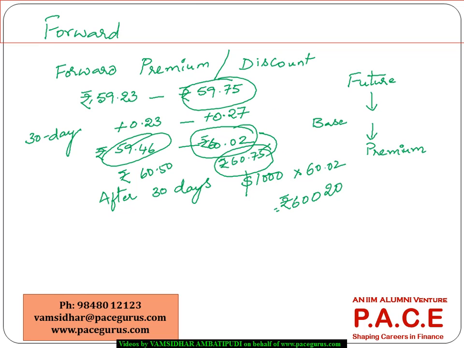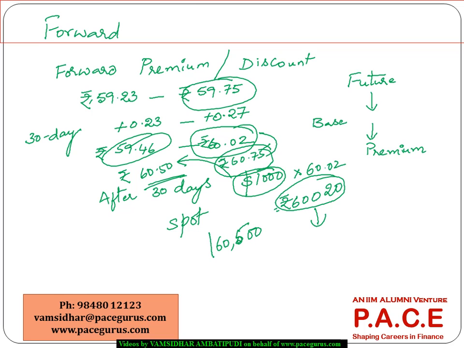And on the other side, now that I am able to buy $1,000 by spending 60,020 and I have $1,000 with me, I can very well sell off those $1,000 in the spot market where the dealer is willing to spend 60.5 for the $1,000. So directly my amount is becoming 60,500, because of which I am able to gain 480 rupees in this transaction because of the difference between the spot and the forward market.